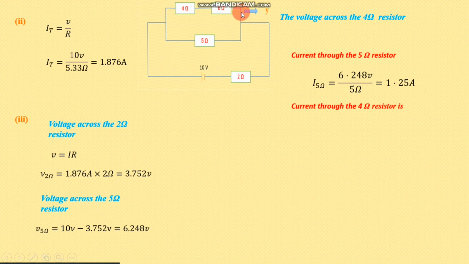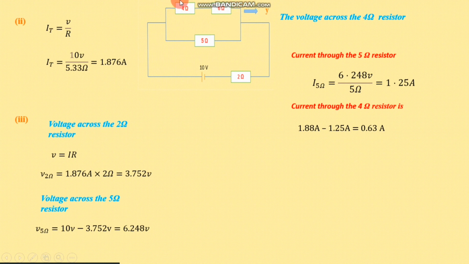However, when it reaches this point, it is shared between the upper part and the lower part. So the lower part has taken a current of 1.25 amperes. Now what is the remaining current? It is 1.876 minus 1.25, which gives us 0.63 amperes. Now 0.63 amperes is the current passing through the upper section.